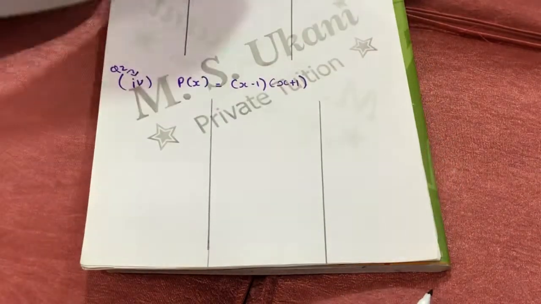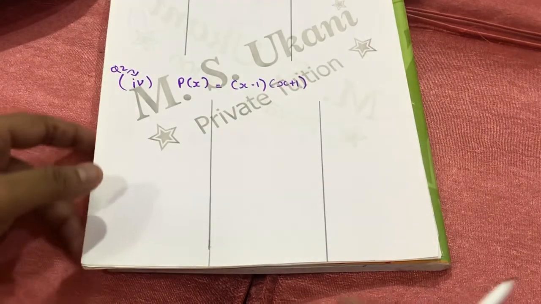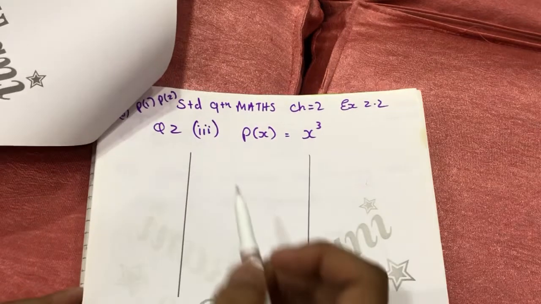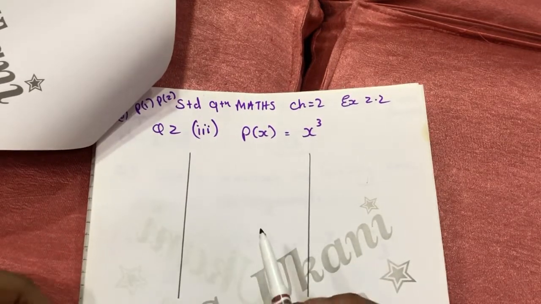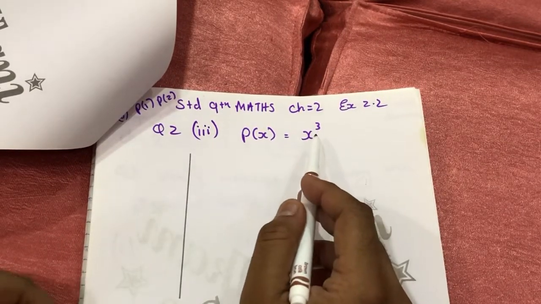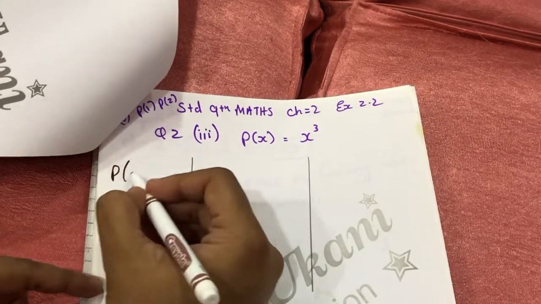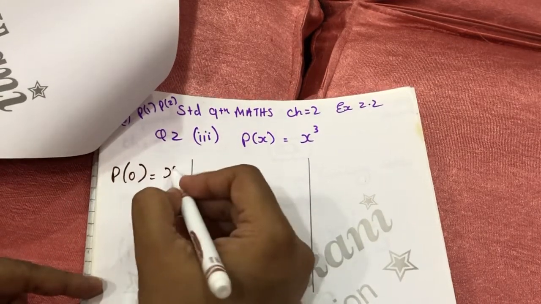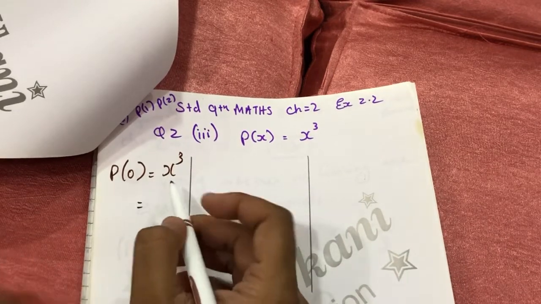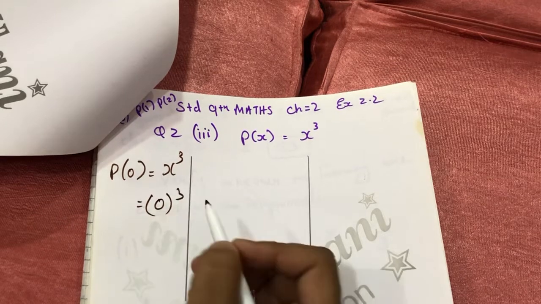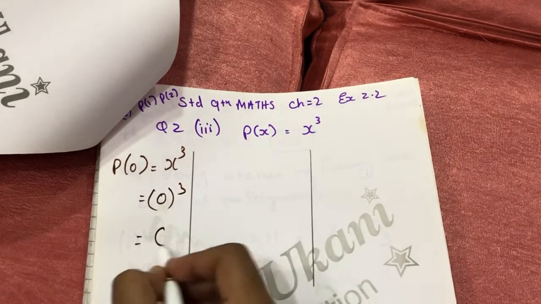Now move to the third one. Same question, third one. Now our equation is x cube and we have to put the same values. First of all we are putting p(0) in x cube. So in place of x we will put 0. So 0 cube will remain 0.